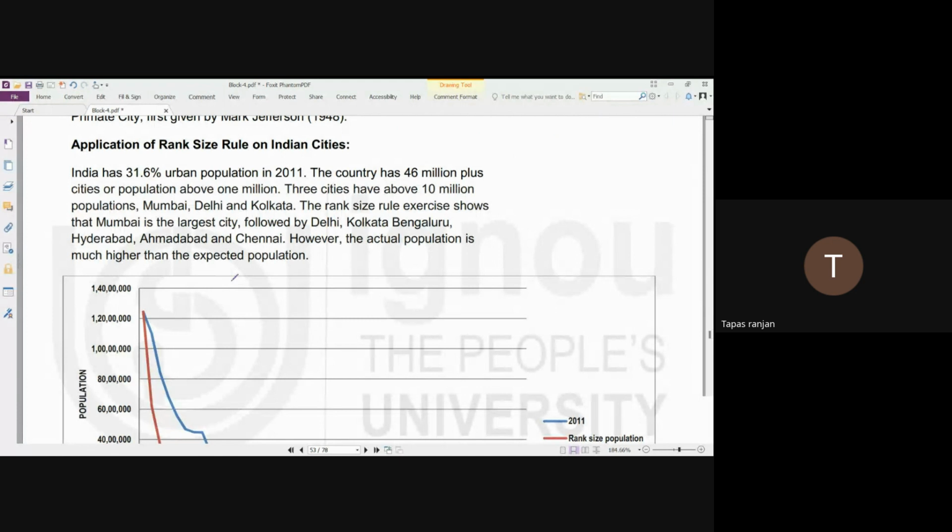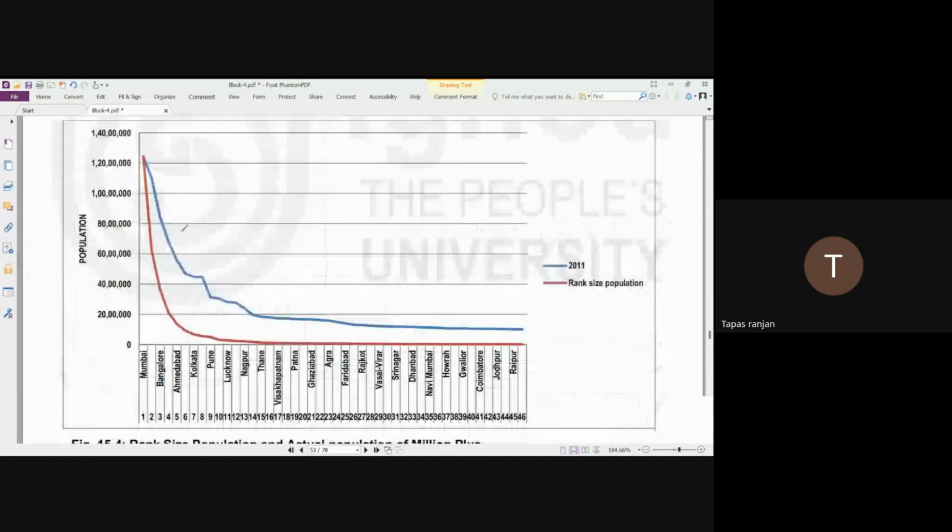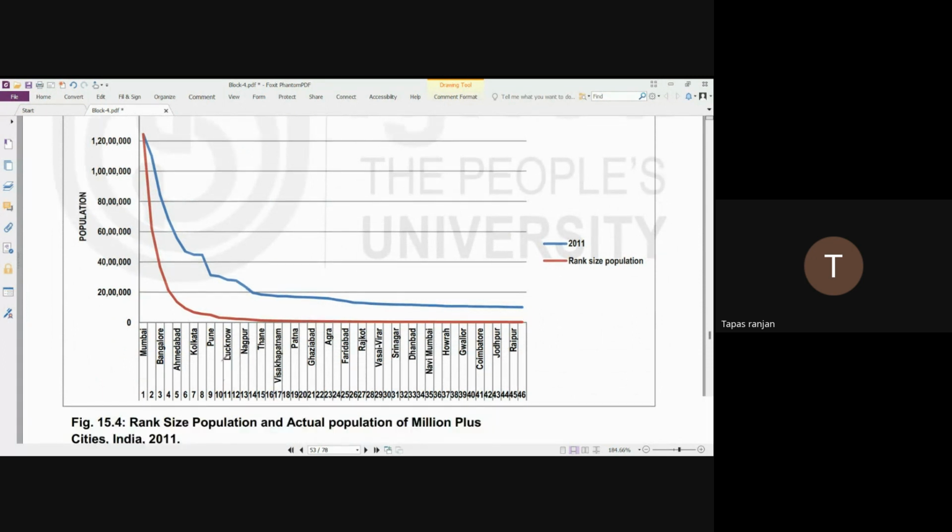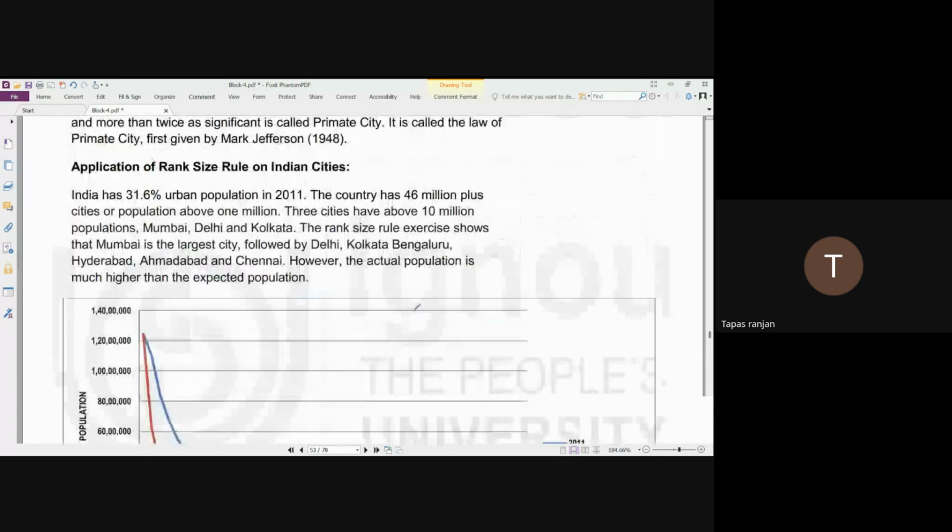So how it is applicable to India, and this study is showing us the rank size population. This is showing us the rank size population of India.